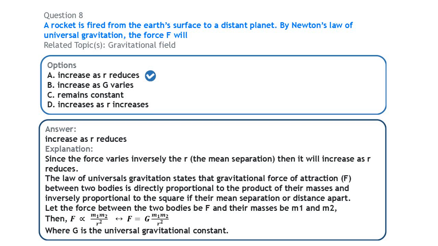If r squared is 2, 5 over 2 is 2.5. Let's say r squared now increases to 3, that means we have 5 over 3, which is 1 point something. That is even less than 2.5. It means that as r is increasing, the force F is reducing, and as r is reducing, the force F is increasing. So you see that the force F will increase as r reduces.